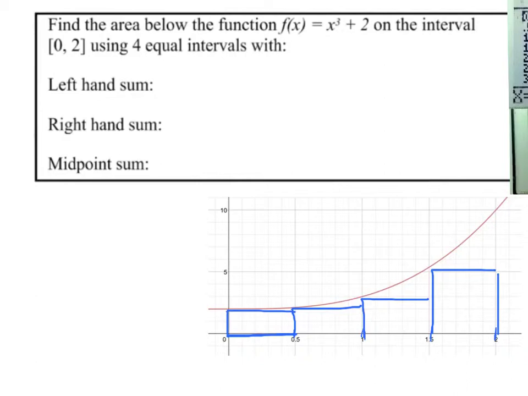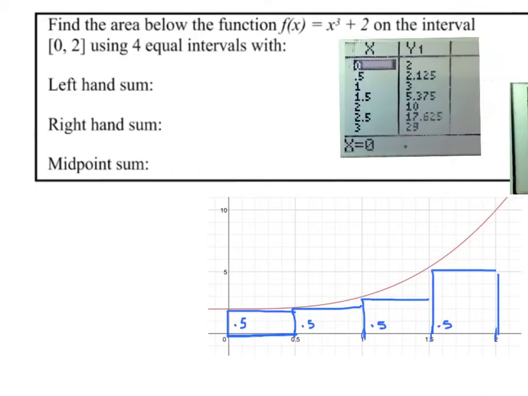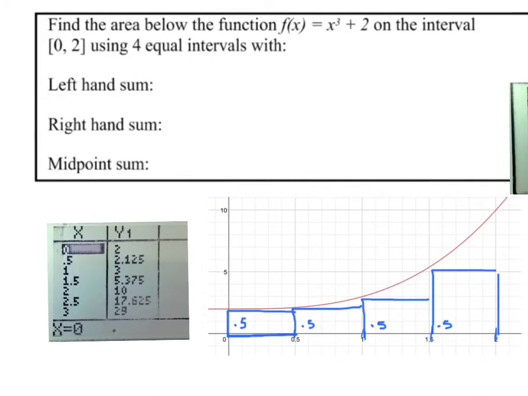In each of these, the width is 0.5, so I'm just going to put 0.5, 0.5, 0.5. And the heights I would get by evaluating the function. I did that over here. Let me bring that in. This first one is just 2, looking at the value at 0.